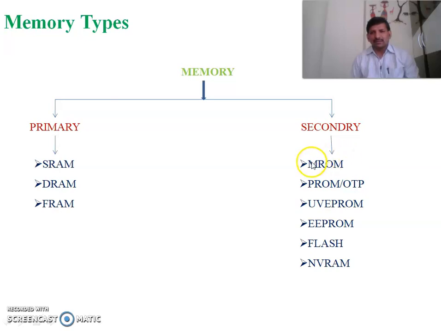The disadvantage of the masked ROM is that if you want to update the information, it is not possible, because it is fabricated during manufacturing itself. It is not possible to modify the code whenever required. To avoid this disadvantage, they designed the programmable read-only memory, or one-time programmable read-only memory.